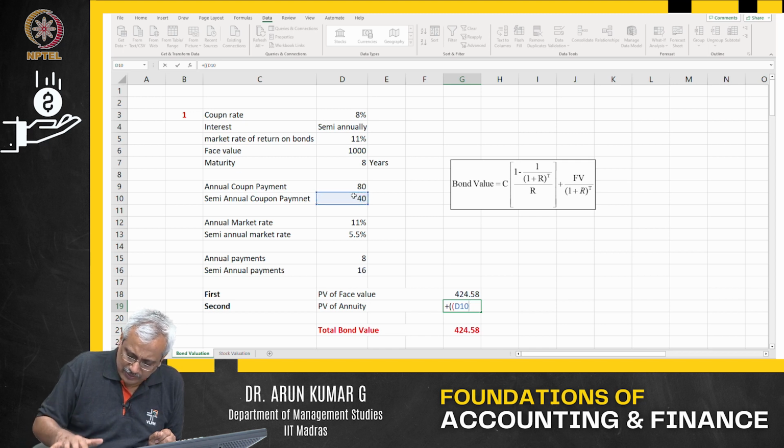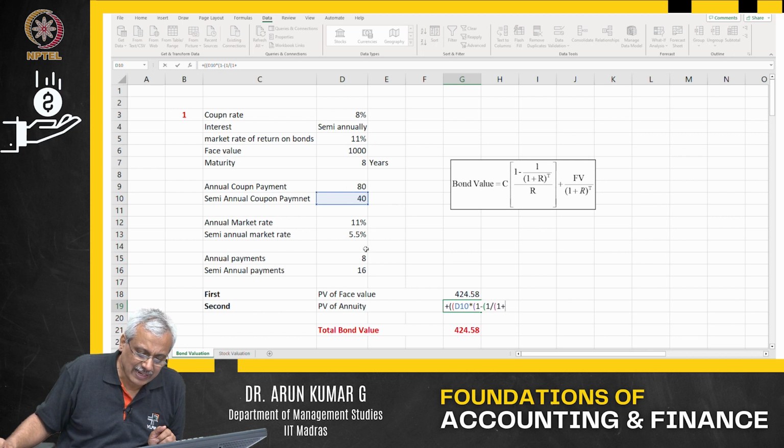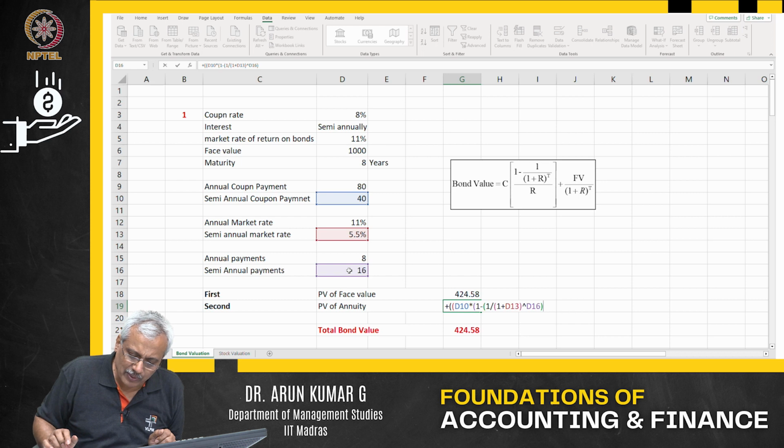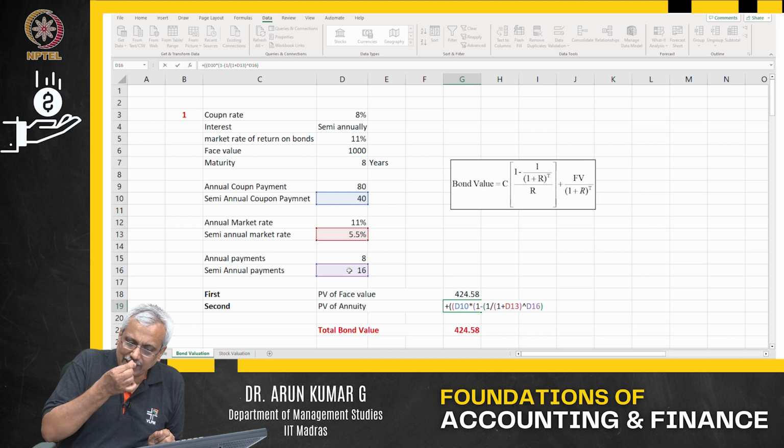times 1 minus, in parenthesis, 1 divided by 1 plus r to the power of t. What is r? Again 5.5%, and again to the power of 16, because I am looking at it in this case as semi-annual.